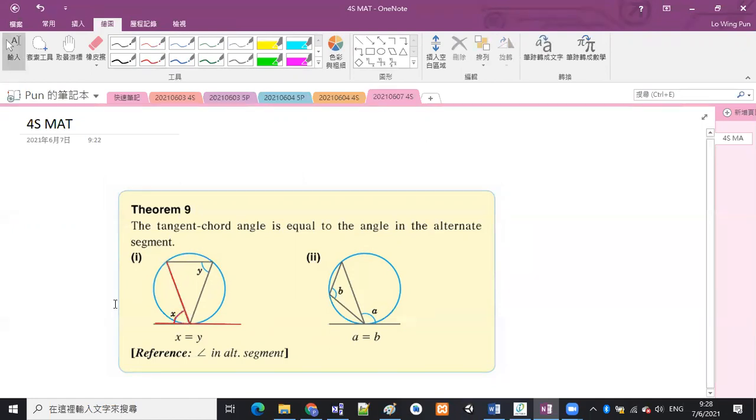So this x is the angle between the tangent and chord.